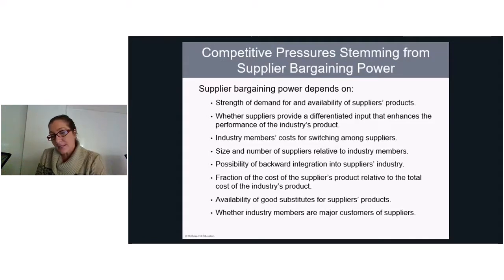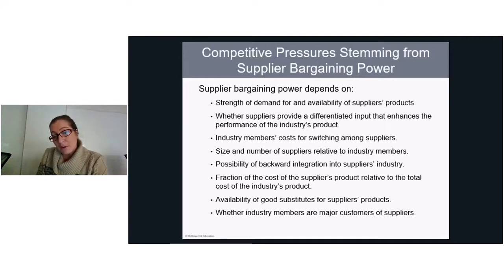But if they act collectively, if they've got common interests, then together they can have a high bargaining power. Or maybe there's a small number of suppliers supplying a particular industry, and if there's only one or two suppliers, then they get to say what goes because they hold the power.